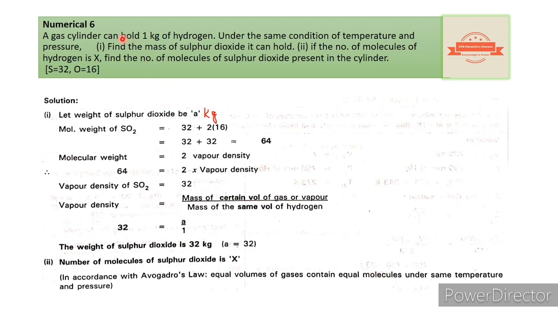The cylinder has a fixed volume, so if the cylinder contains x number of molecules of hydrogen, it must also contain x number of molecules of sulfur dioxide.